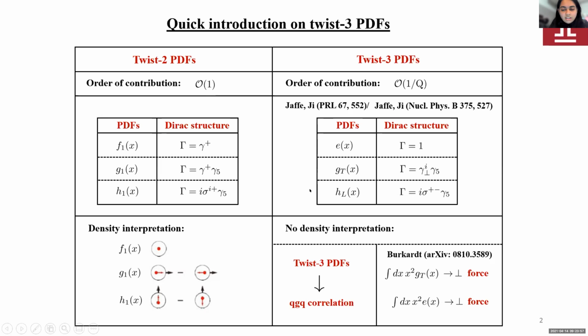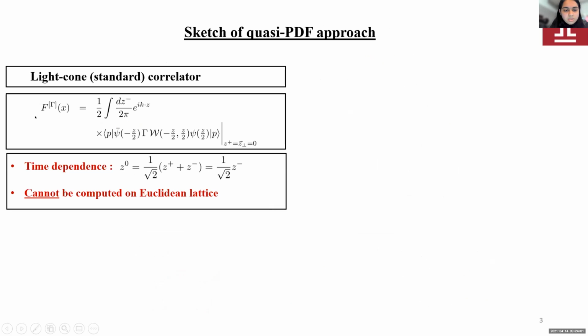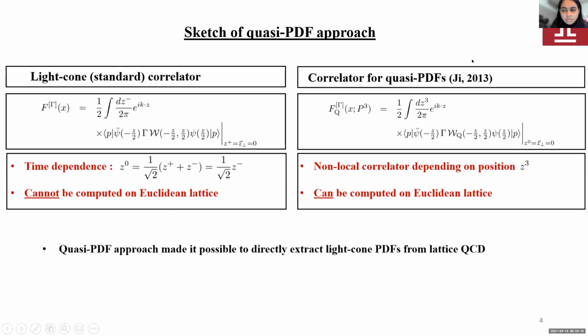Therefore, it would be great if we could extract them from lattice QCD. But the problem is that light cone PDFs come from matrix elements that have time dependence, and as such, they cannot be directly computed on Euclidean lattices. In 2013, there was a breakthrough proposal by Ji to calculate quasi-parton distributions instead.